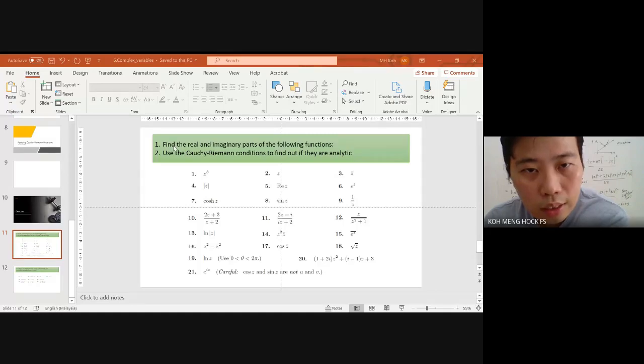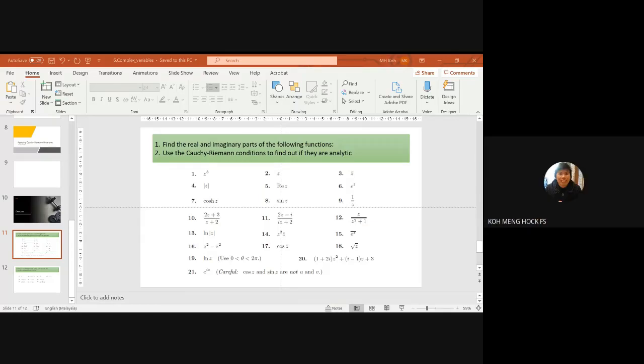Find what is the real part and what is the imaginary part of the function, that is, what is u and what is v. I will switch off my camera for a while, and then you will tell me your answer after this. Can everyone please do it now, question number 1, z to the power of 3.